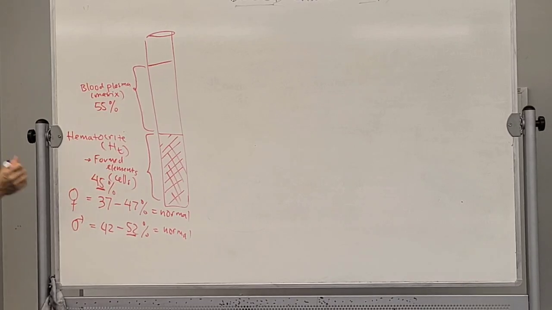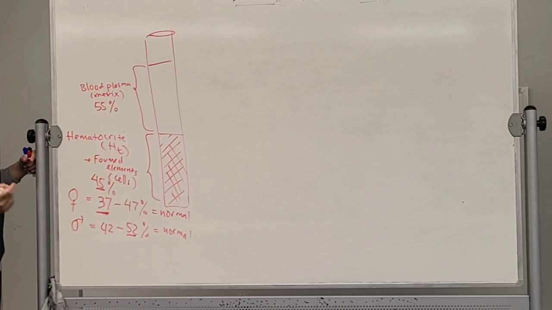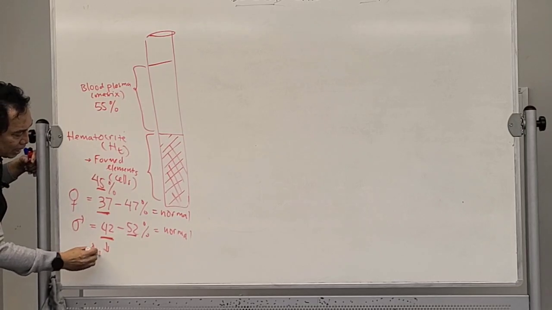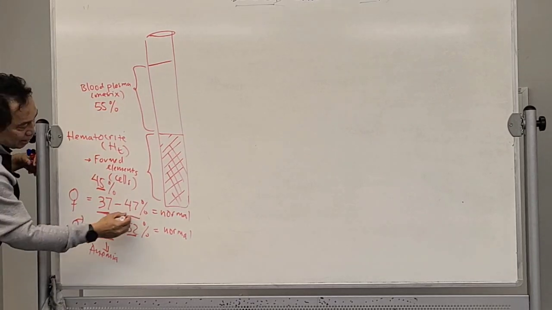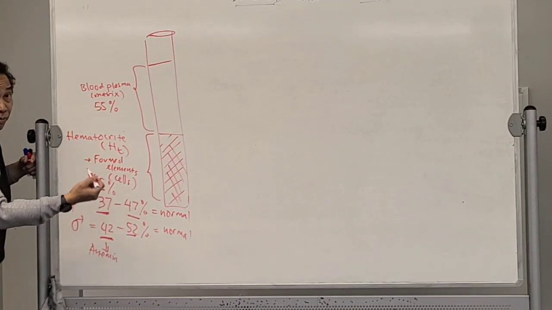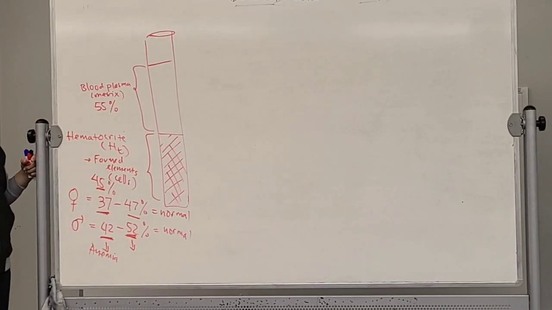If you are female and it's lower than 37, or male lower than 42, then there is a condition called anemia. Basically, anemia means you don't have enough cells in your blood. Now, what happens if it is higher? Let's say female higher than 47, male higher than 52.